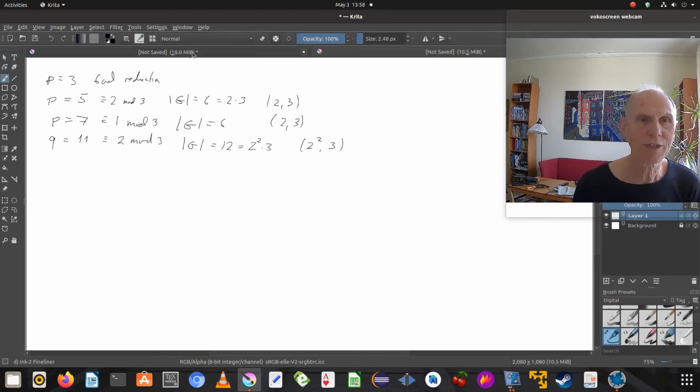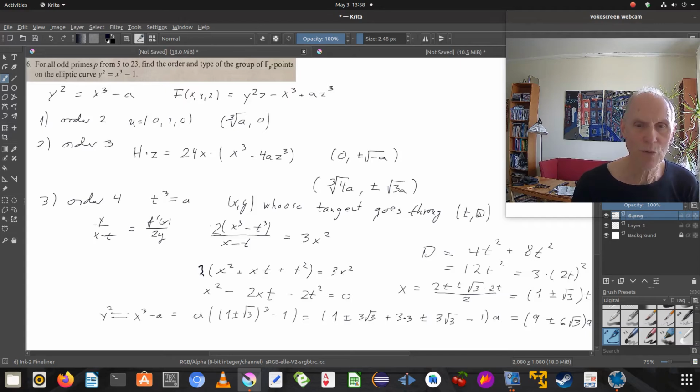So let's check that we do have 2 points of order 4. The condition was that there was a square root of 3, cubic root of a.